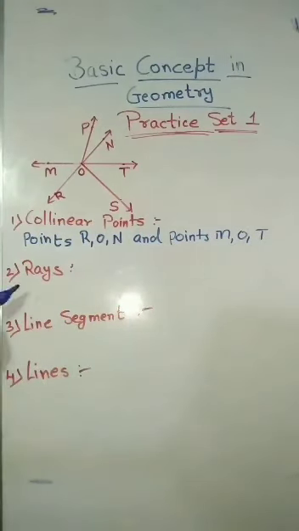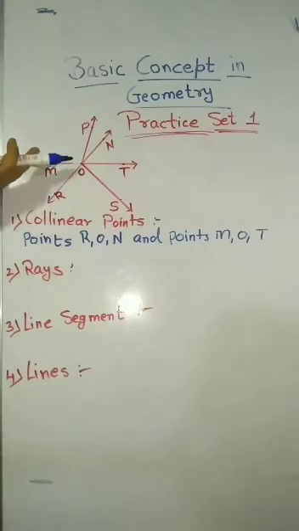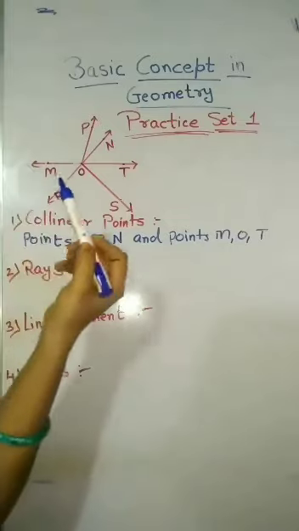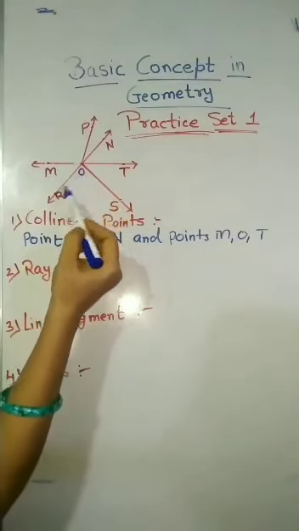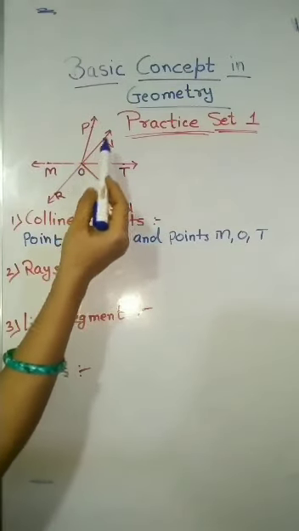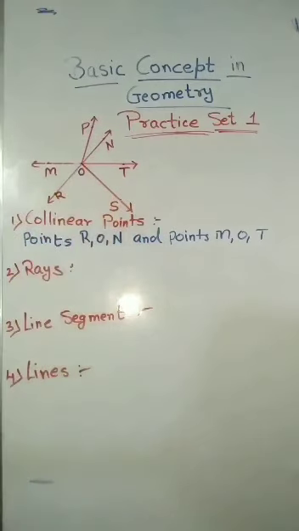Now the next is rays. Rays means one side is its origin and the other side has an arrow. Here OR, OS, OT, ON, OP, OM are the rays.